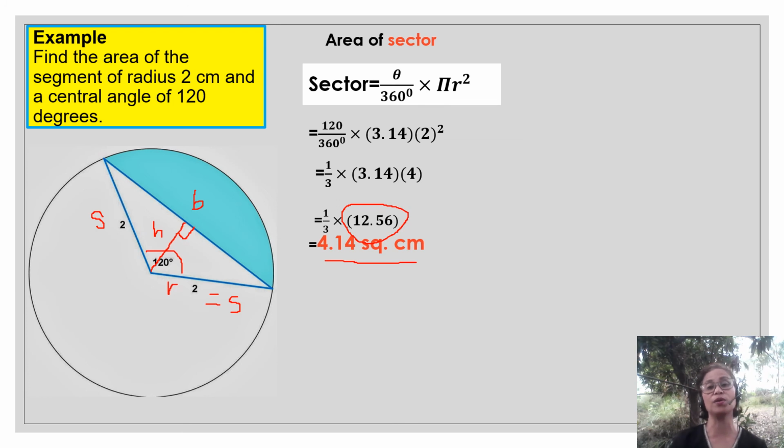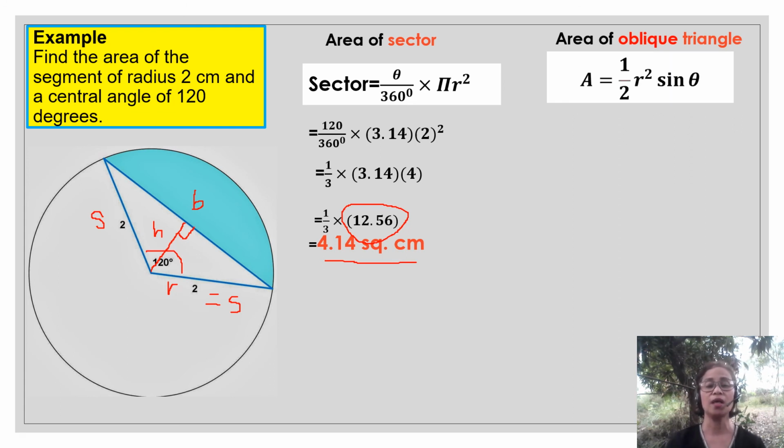Here's the formula in finding the area of an oblique triangle given S, A, S: it is 1/2 r squared multiplied by sine theta.